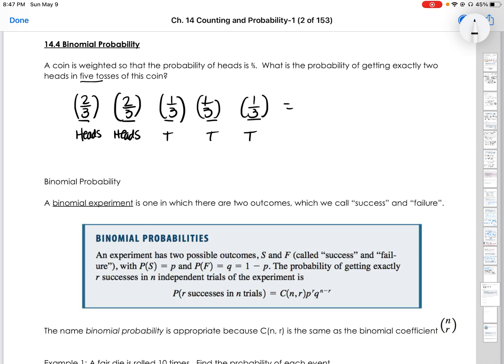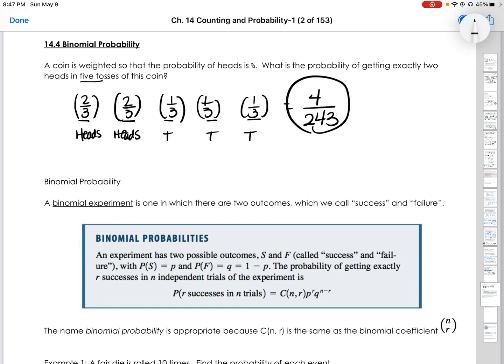So when I multiply these together, that's 2 to the second, so that's 4 on top. And that is 3 to the 5th power on the bottom there. So 3 to the 5th power is going to give us 243.